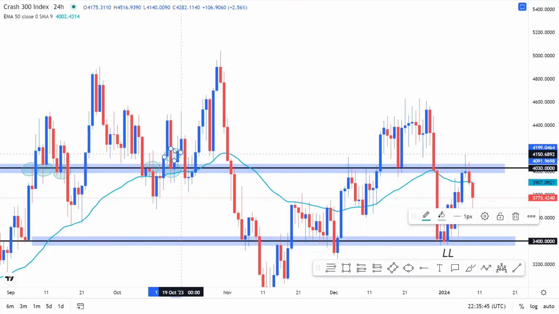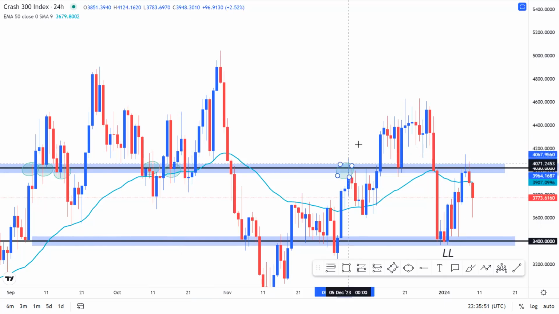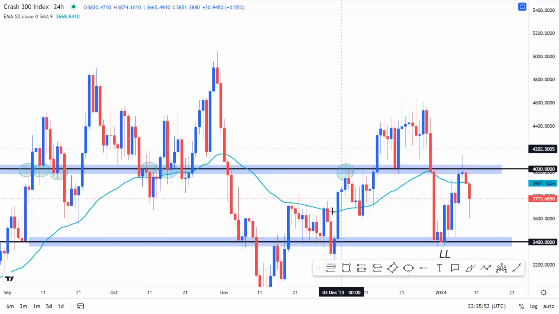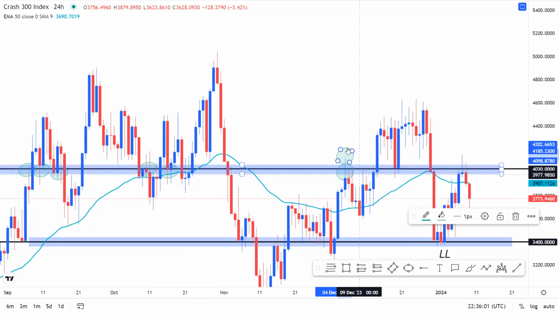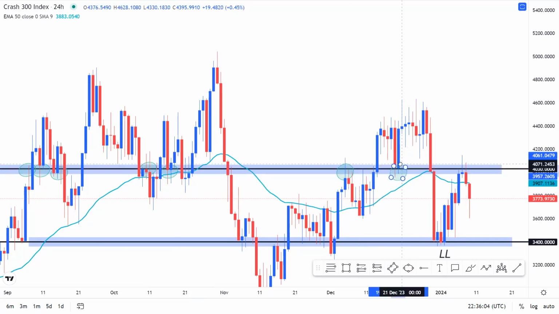And then we have the level right here as a resistance. You can see as soon as we tested the level from the downside, we had a huge seller from the level. Right here, we had the level as a support, break above the level, a retest of the level, and as soon as we tested the level, a huge price rally from the level to the upside, with the level holding up as support right here.